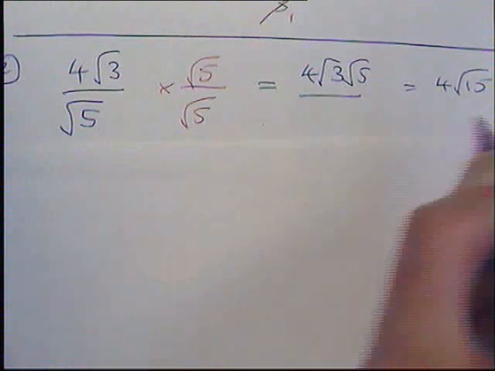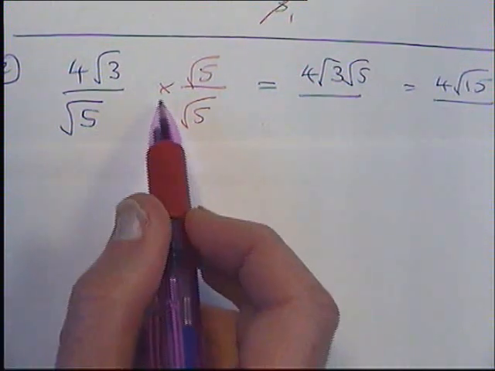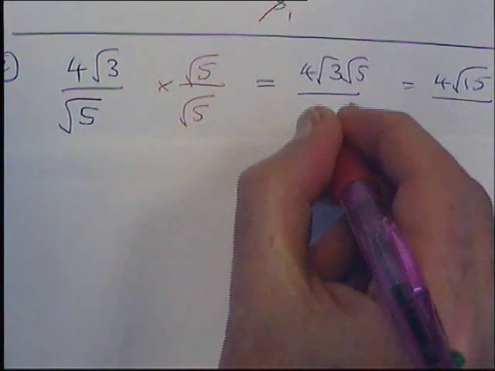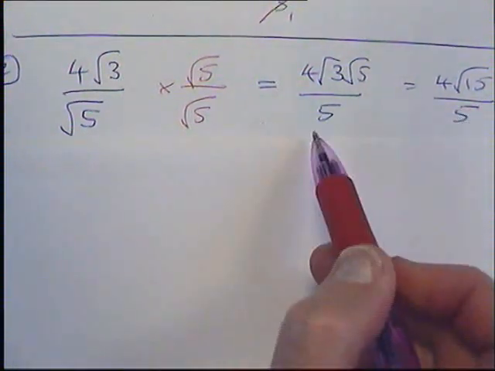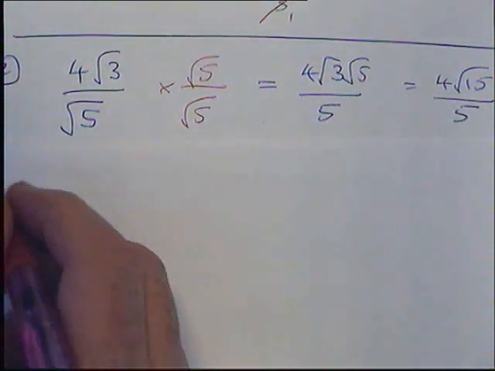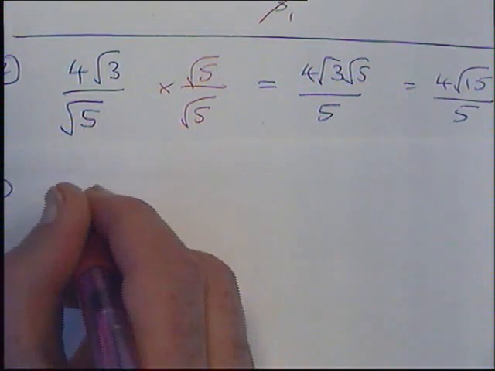And then on the bottom, root 5 times root 5. What are we going to get from root 5 times root 5, Charlotte? Root 25, which is just 5. So either of these two would be acceptable answers. We've rationalised the denominator. There's no longer a square root there. Okay. Right, let's do another one.